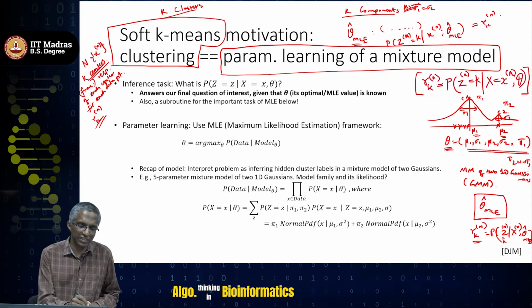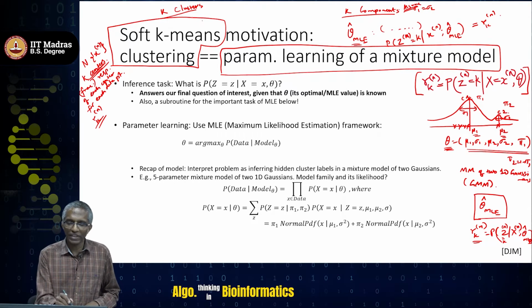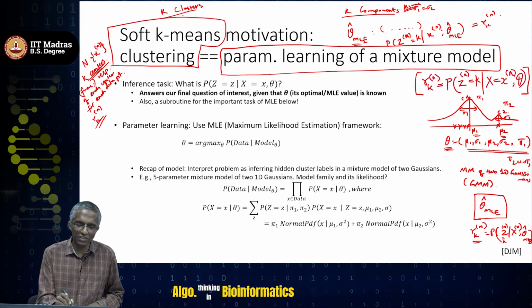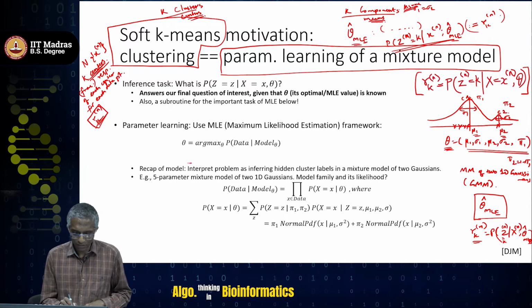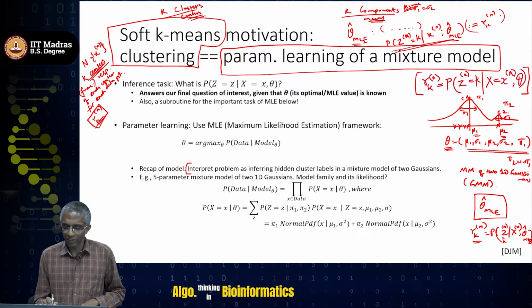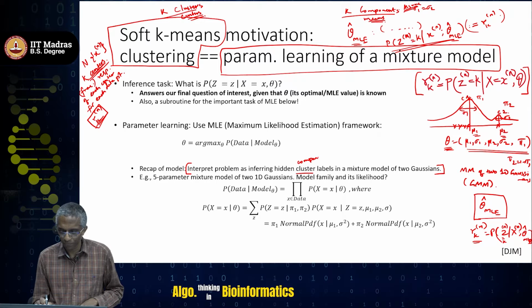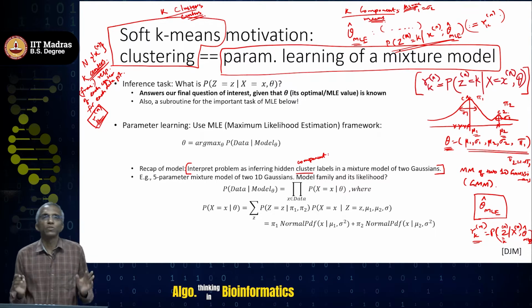So, the k clusters are the k components, and the different cluster centers are the means of these different components. Your clustering problem, you are interpreting it as inferring the hidden cluster labels or component labels in the mixture model of two Gaussians.